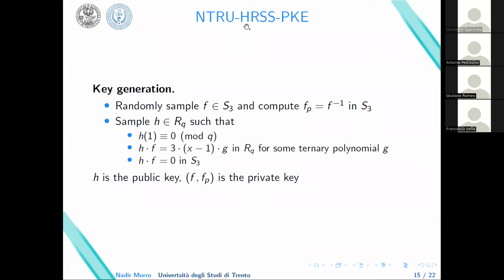In the NIST submission, you can find some algorithms that allow to sample the public key H so that these conditions are satisfied. So also in this case, we have a public key named H that is this polynomial, and we have a private key that is given by these two polynomials.